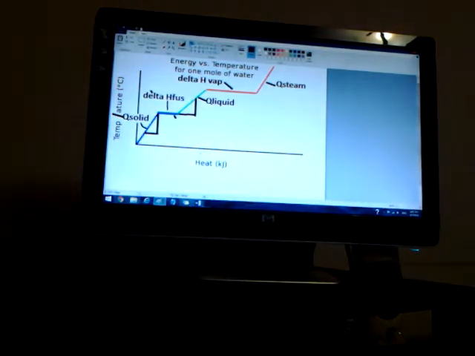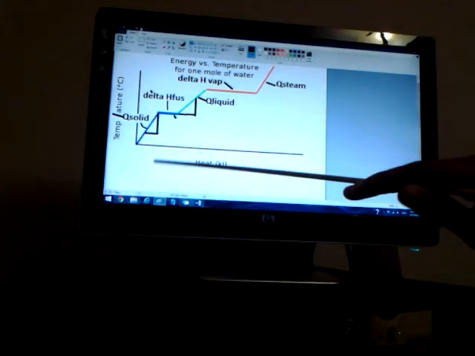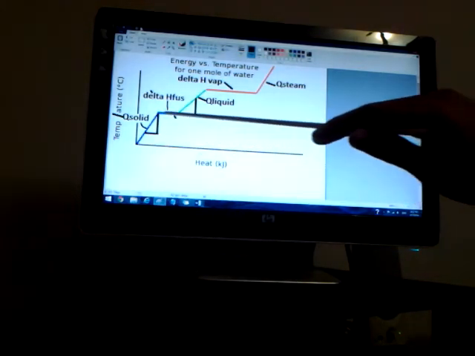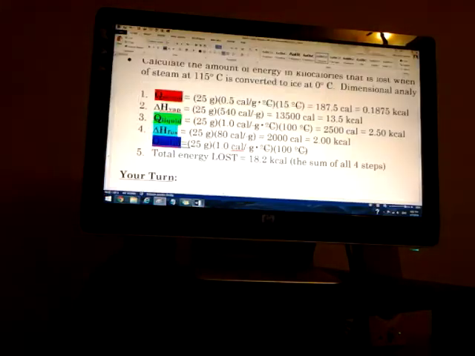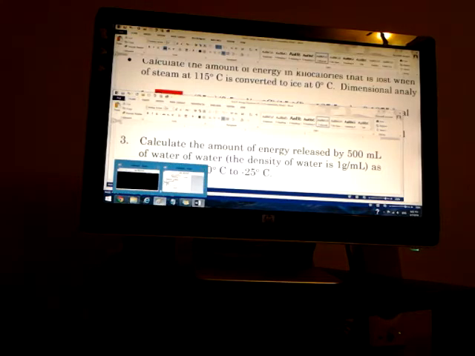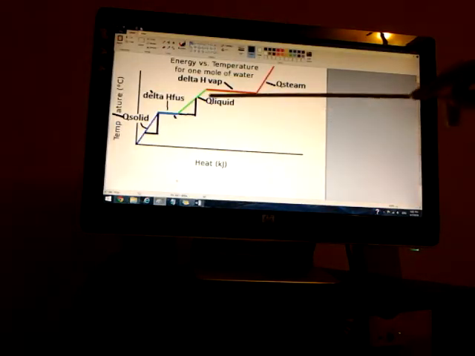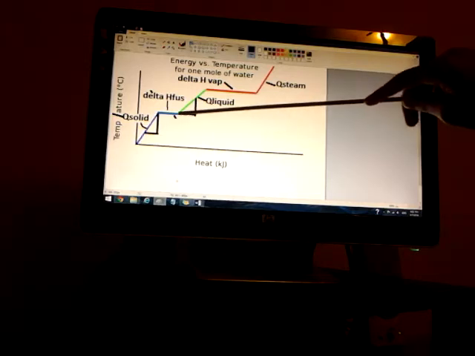What you know from the problem is that water starts at a certain temperature, so you can plot it on the graph, and then it moves down to a lower temperature and to a lower state because it goes through one of these delta H changes. And so all you need to do is take the stuff that you know, the mass and the temperature change, and turn that into kinetic energy. It's like you know the y-axis, you know the change in temperature, and you need to find the change in heat.